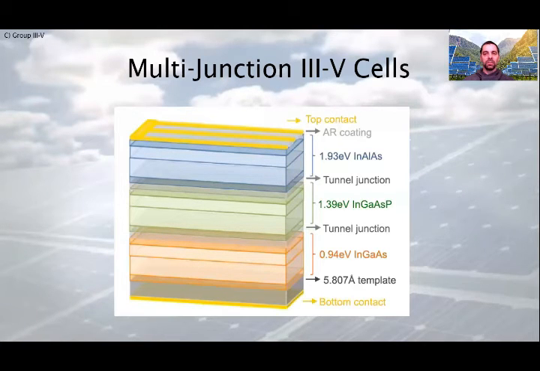As the light hits the surface of these cells, each junction absorbs what it can and lets the remaining light pass on to the next junction. You can see the blue subcell above with the biggest bandgap. Below it, the green one, and below that the orange one with the lowest bandgap.